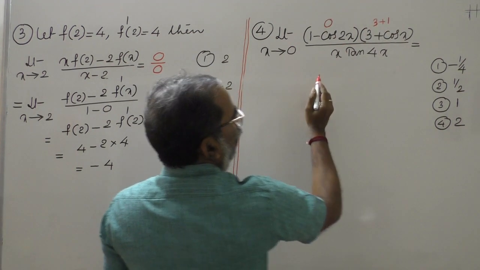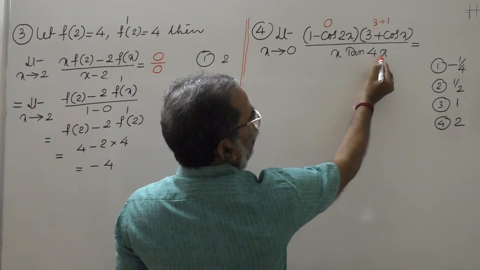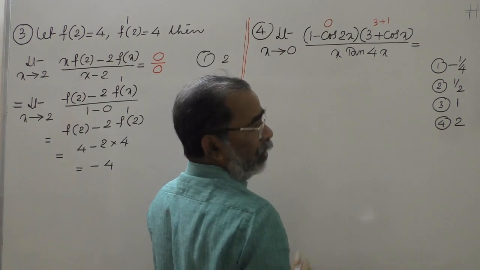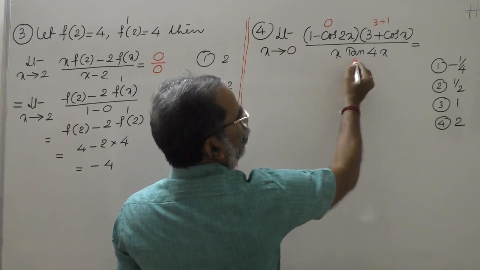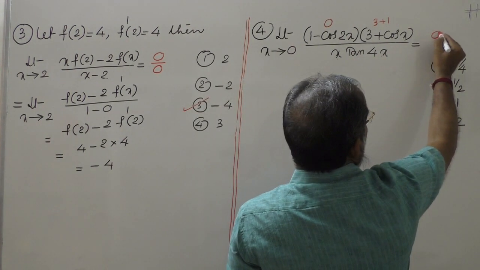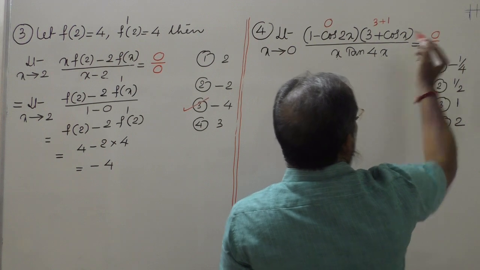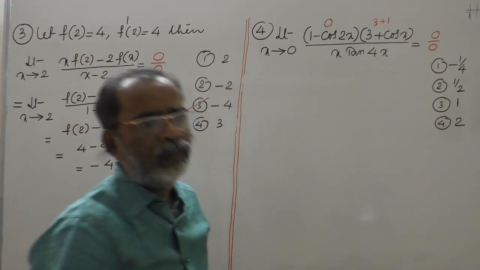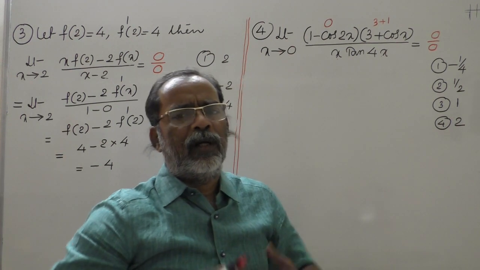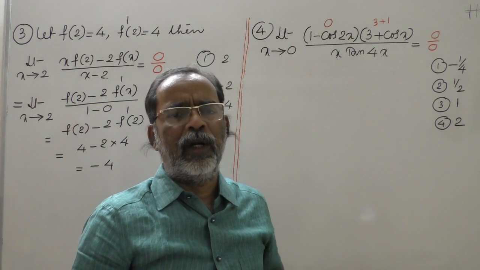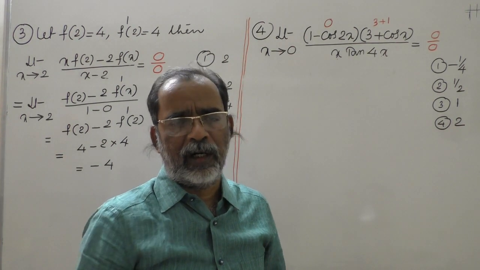And what about the denominator? Here x is 0, and of course 0 into something is 0 only. Moreover tan 0 is also 0. So the form is 0 by 0. Therefore we can apply L'Hospital rule. For some algebraic functions where polynomials are there, you can factorize.